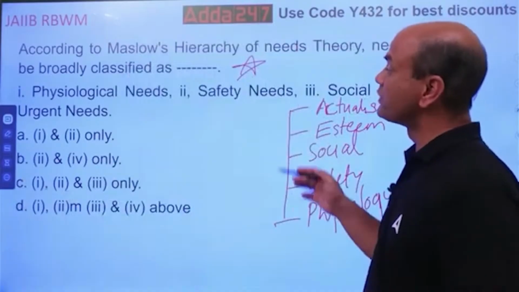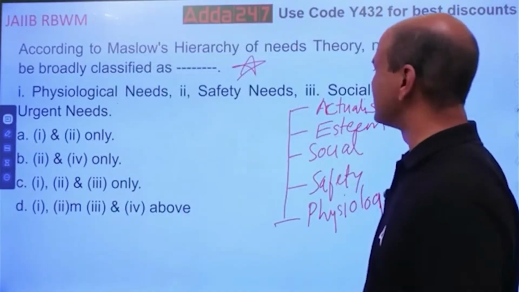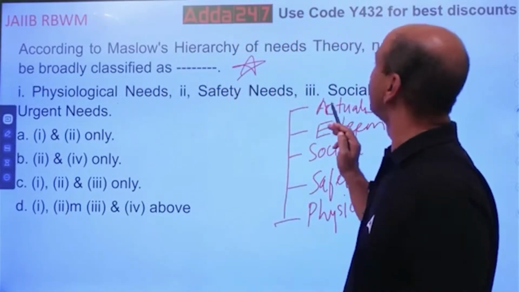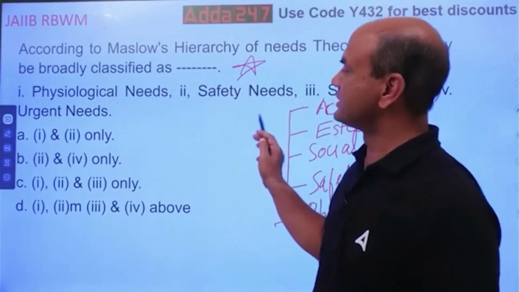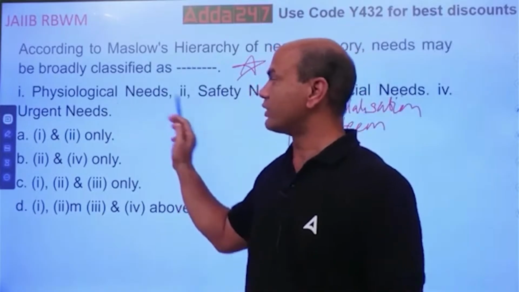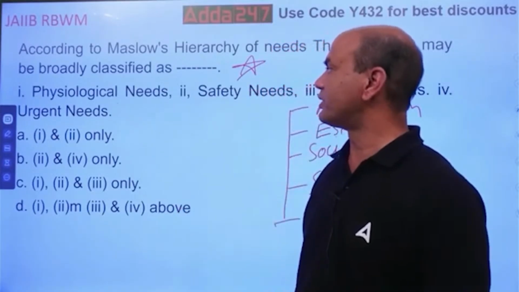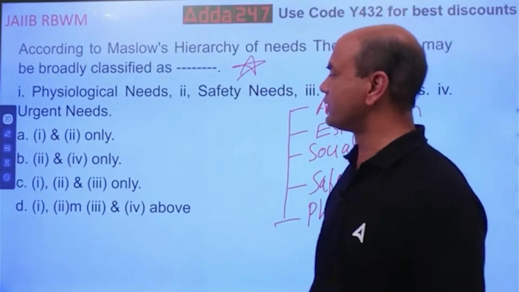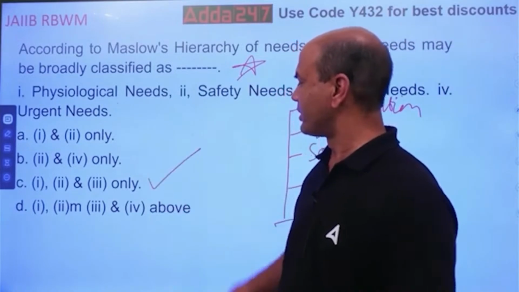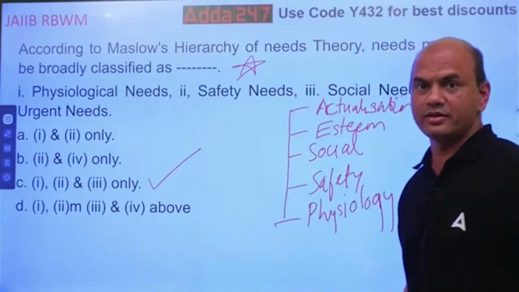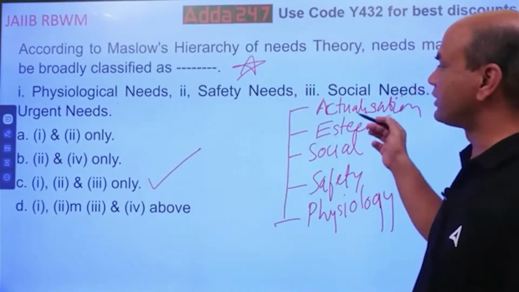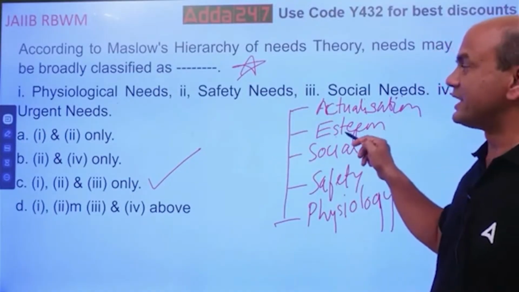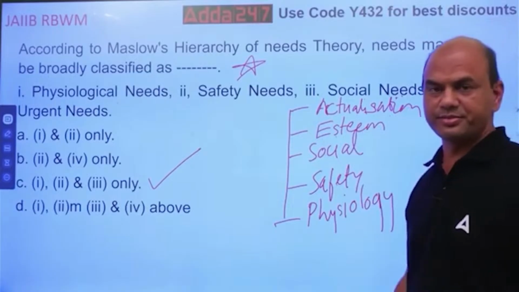So these are the phases of Maslow's hierarchy of needs. Okay, so which one is not there? The answer was urgent needs. Needs may be classified as, so here you want the correct one. Only 1, 2, 3; the fourth one is not there, because the fourth and fifth are different: physiological, safety, social, esteem and actualization.